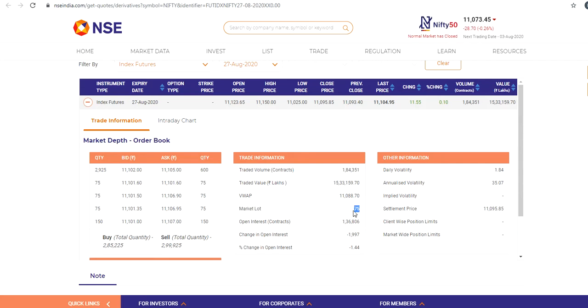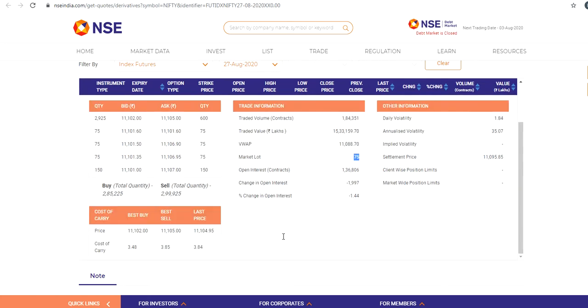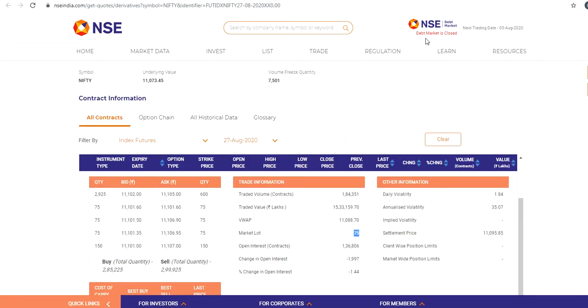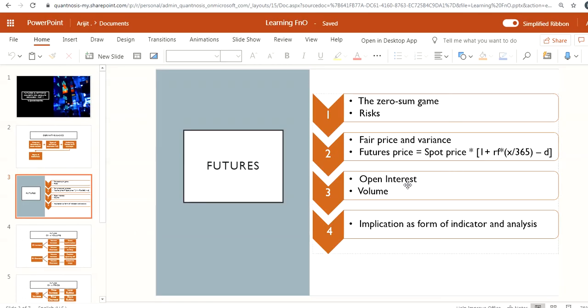You can only trade in 75 quantity or multiples of 75. When you're placing an order, you have to place the order in multiples of 75. Is there anything else worth mentioning? No. Okay, now going back to open interest.